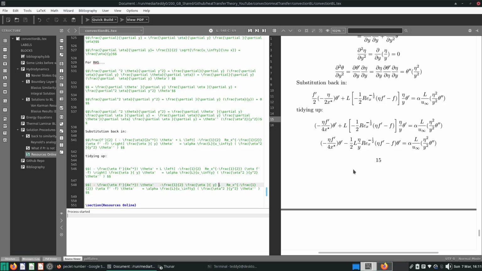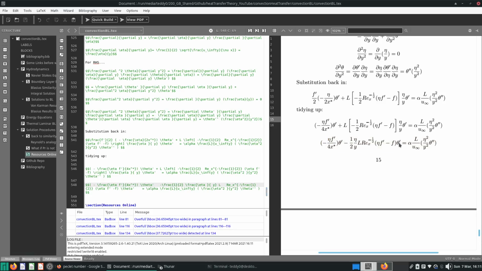And I want you to notice something. If we were to multiply this theta prime in, this term and this term have the same coefficient, so to speak. So I'm going to multiply this theta prime in.